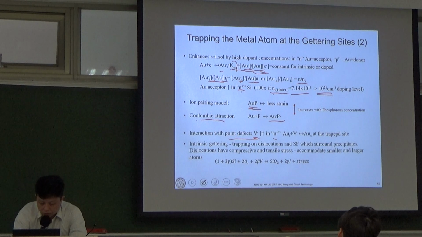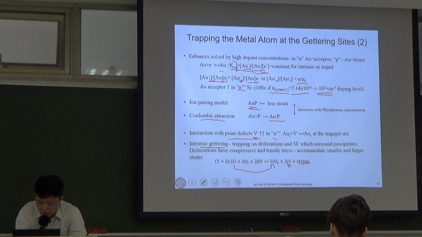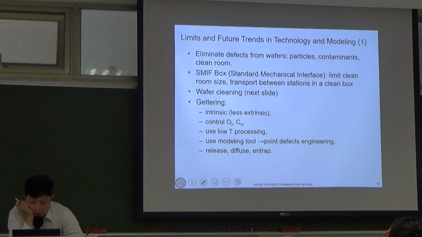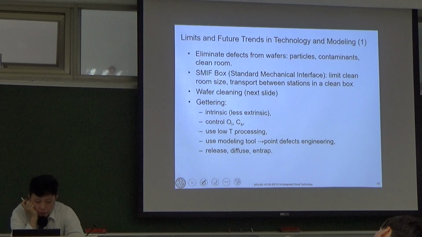Okay, here during the intrinsic gettering, right, you created compressive or tensile stress. So you have, because you change from silicon to SiO2, you introduce some stress here. Okay.